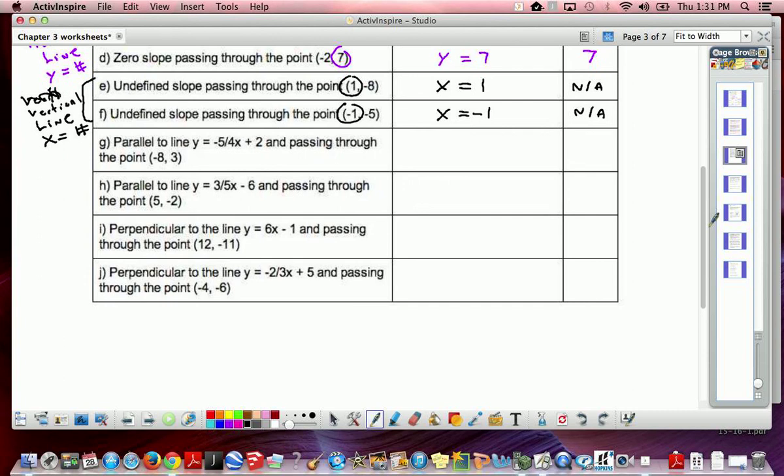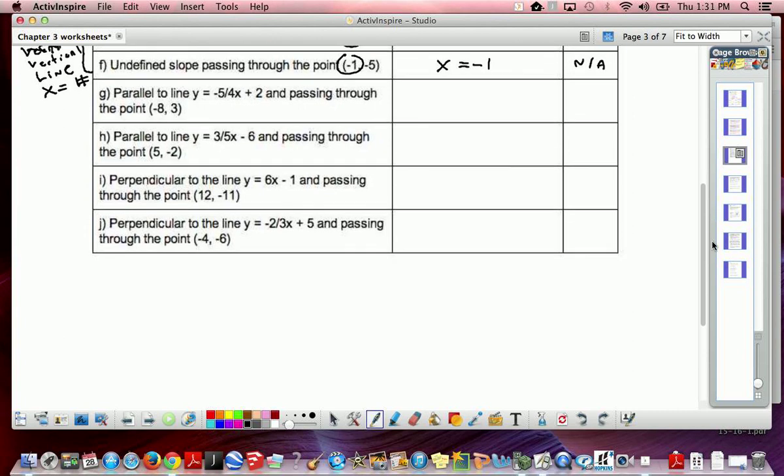So continuing on with G and H here. With G and H, both of them say parallel. Parallel, we just got to remember, means same slope. So when I'm doing this problem, notice how I'm given the x1, y1s.